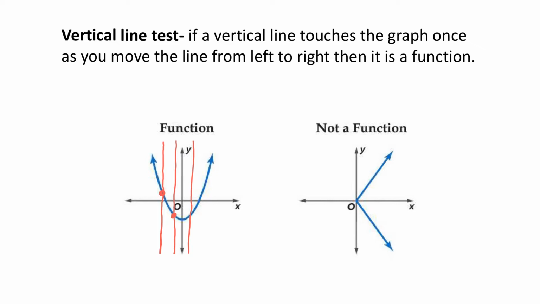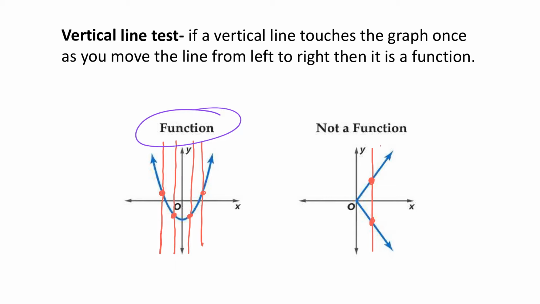No matter what, when I draw that vertical line on that graph, it only touches once. So that's why this is a function. It passes the vertical line test. Now the next one, when I draw a vertical line right here, it touches 2 times. Since it touches 2 times, it's not a function.